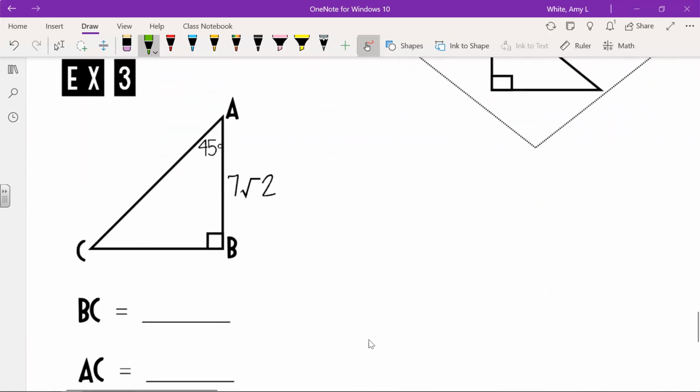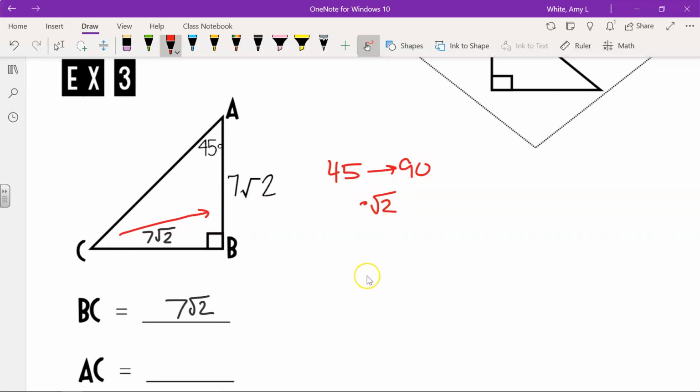Let's try example number 3. In example number 3, the legs are 7 root 2. Once again, the legs always have the same measurement, so BC is also 7 root 2. Now, they give us the leg. The leg is our 45-degree side, and we are going to the 90, so we are multiplying by the square root of 2.